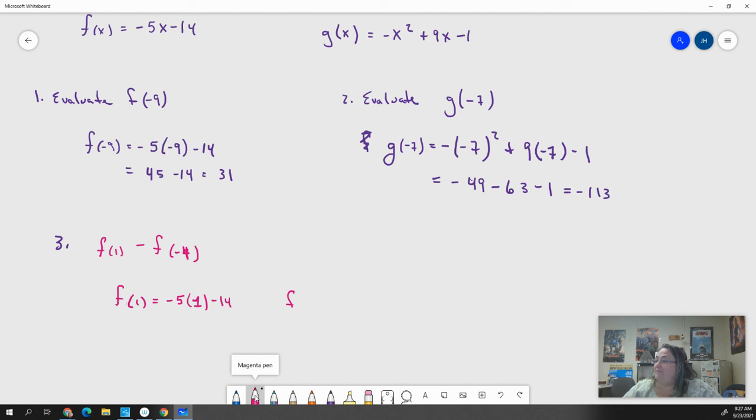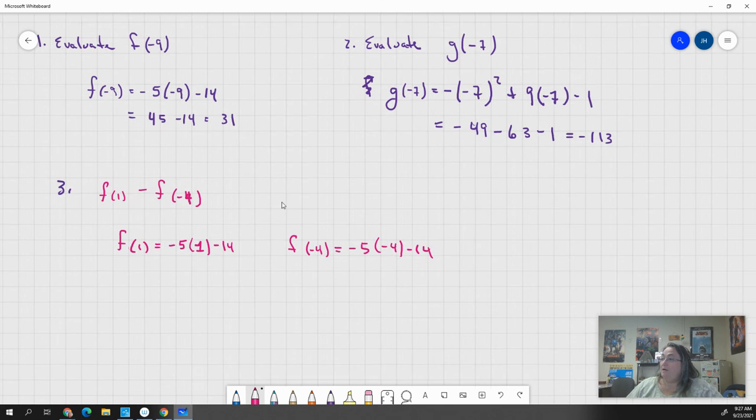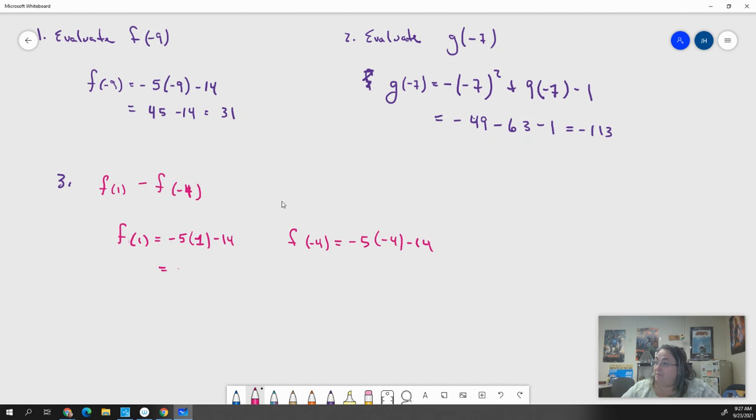And then we have f of negative 4, which is negative 5 times (negative 4) minus 14. This is going to give me negative 5 minus 14, which is negative 19. This is going to give me positive 20, right? 20 minus 14, which is just 6.